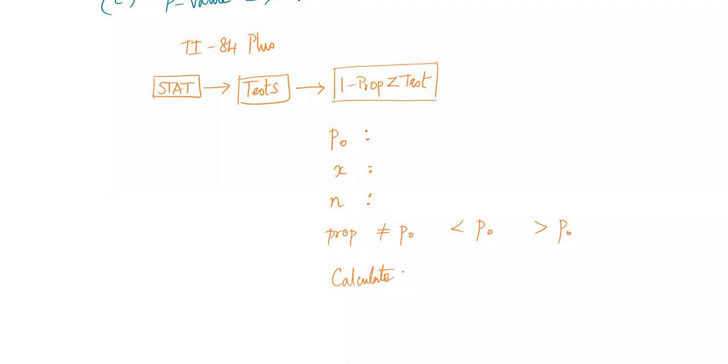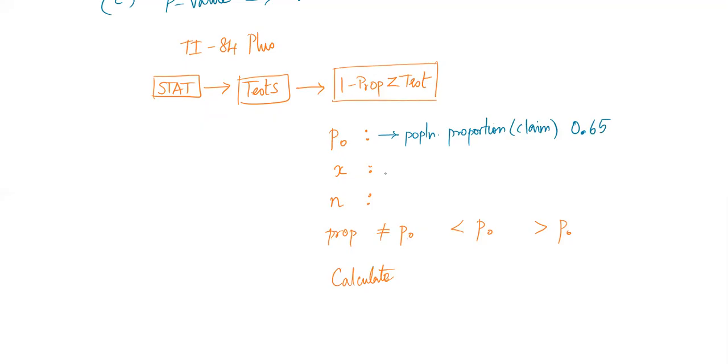P naught is the notation the calculator uses for the population proportion, and this comes from the claim. Your claim is 0.65, so you enter 0.65.